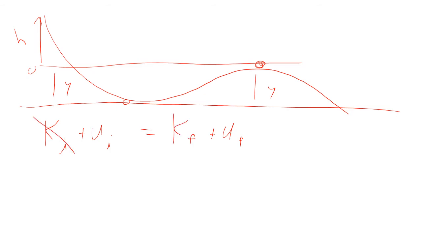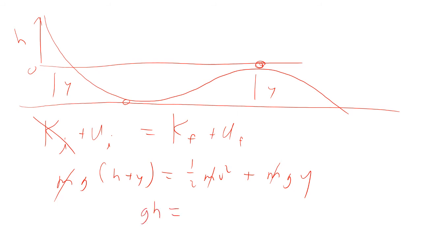Well, initial here is 0, so we get mg(h plus y) equals 1/2 mv squared plus mgy. The m's cancel here. We do some algebra and we find that gh equals 1/2 v squared. Wait a minute, this is the exact same thing that we had before. It turns out that by moving the origin, we did not change this. We just added an extra step of algebra is all that happened.